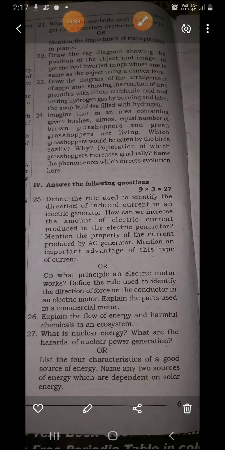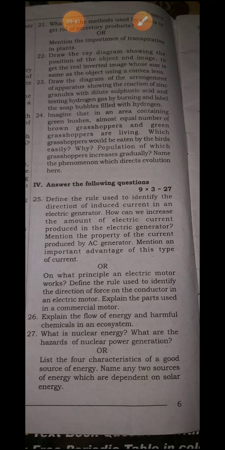So first point is, transpiration helps to remove excess of water and salts from the plants. Okay, the first point.